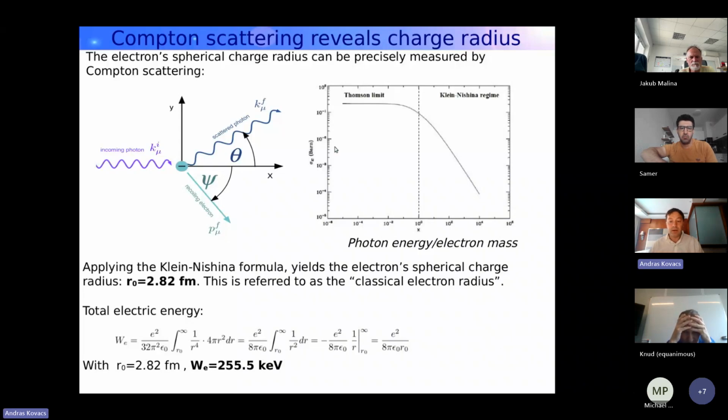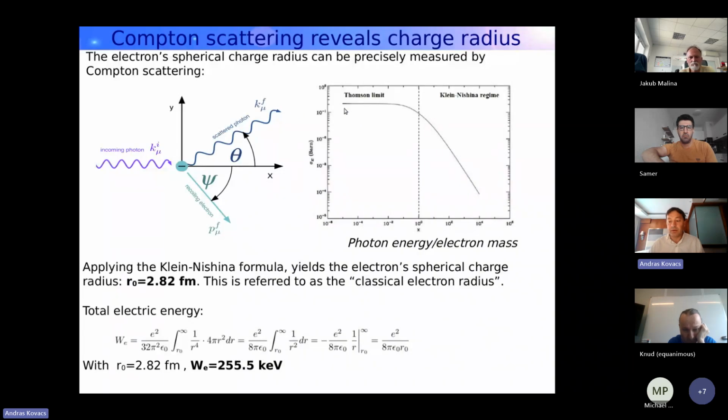Now, the electron has been studied quite a lot via light scattering experiments. Here you see the concept of light scattering, of how an incoming light wave reacts with an electron, and then there is an outgoing accelerated electron, and outgoing light at a different direction and frequency.